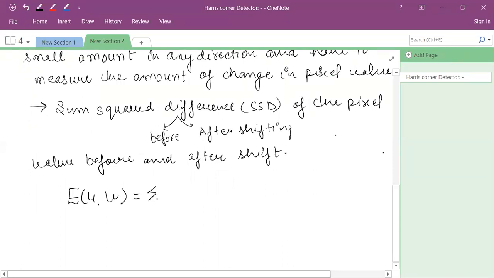So first I have to write the whole equation, then I will explain all of the terms. So this is the weight. You can understand it as a kernel filter, just like the Gaussian filter. And this is your intensity of the image.